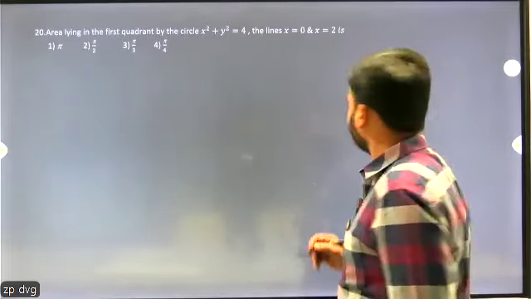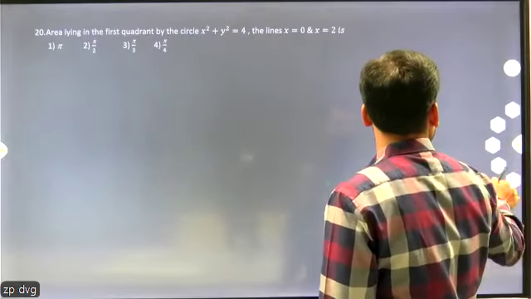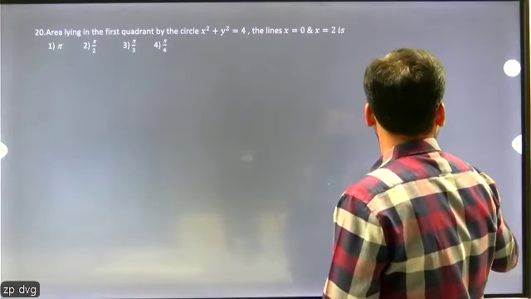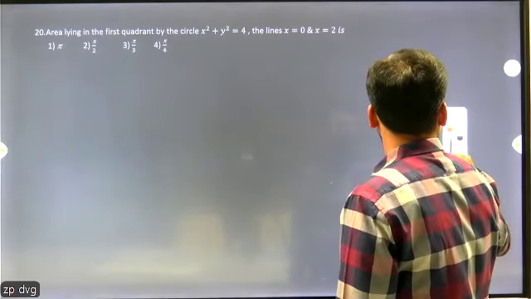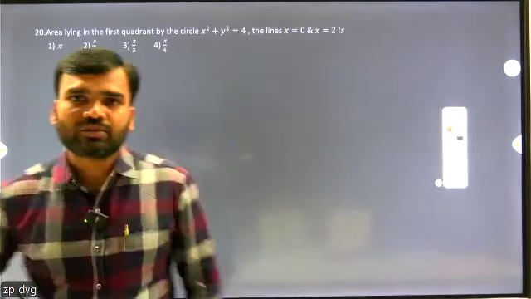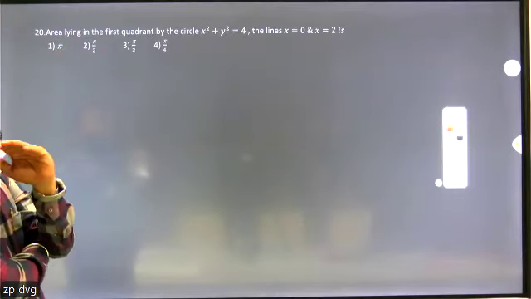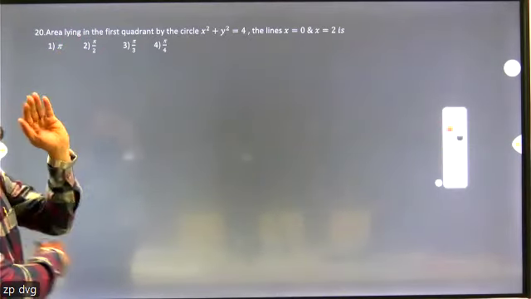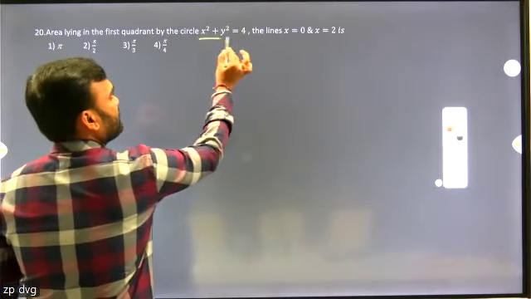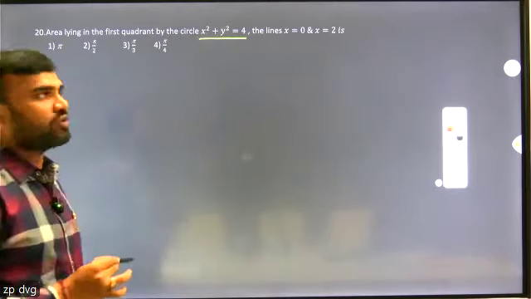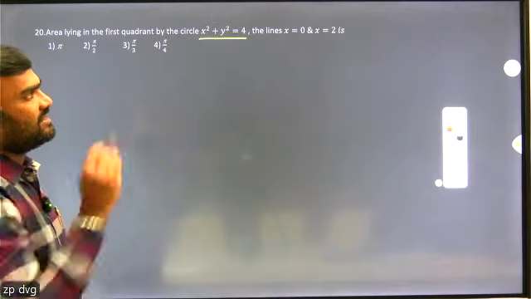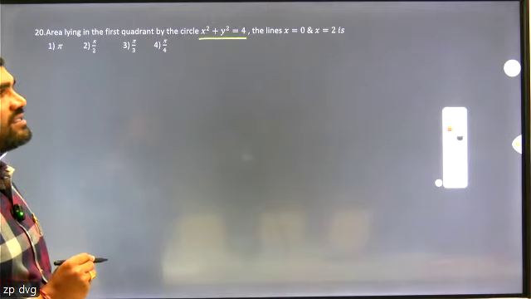See, what is the next question? Find the area lying in the first quadrant bounded by the circle x square plus y square is equal to 4 and the lines x is equal to 0 and x is equal to 2.